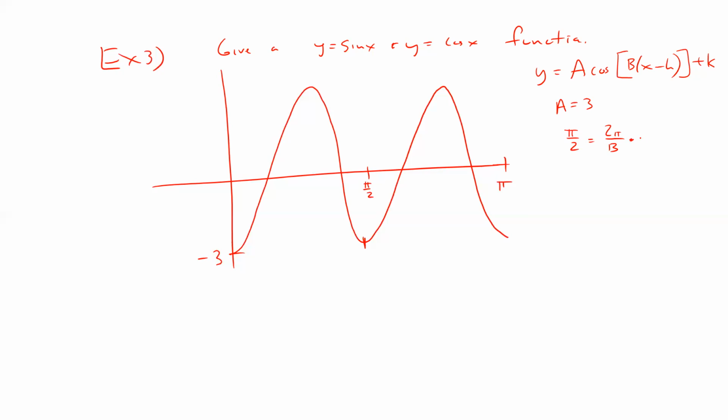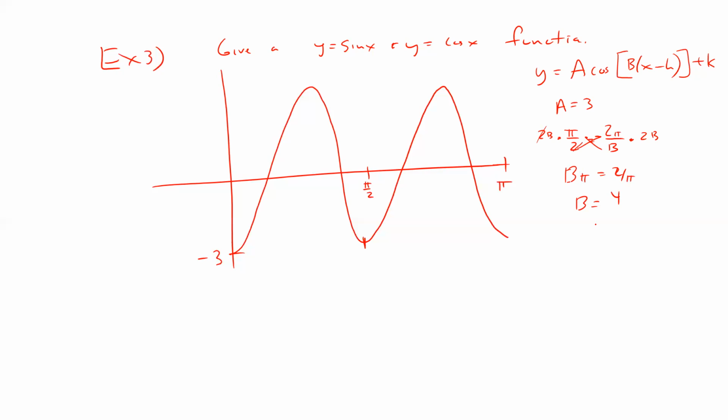Since these are two fractions equal to each other, crisscross, or multiply by 2b on both sides. I'm left with b pi is equal to 4 pi, and voila. Everybody okay with b is equal to 4? Got that.